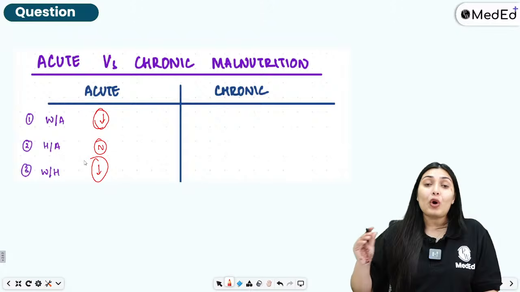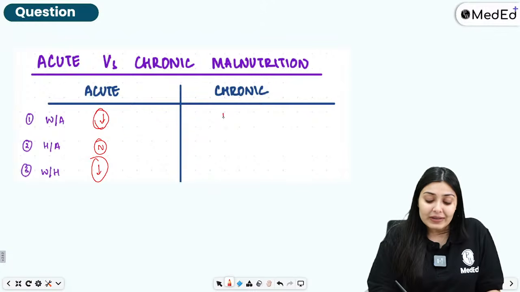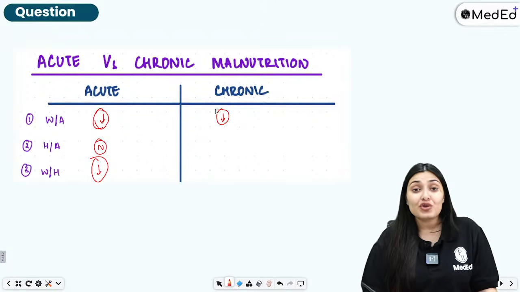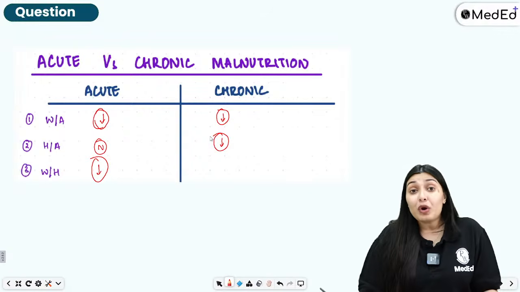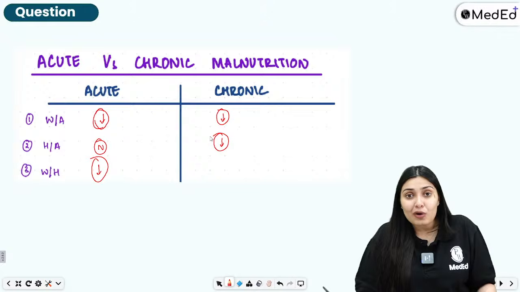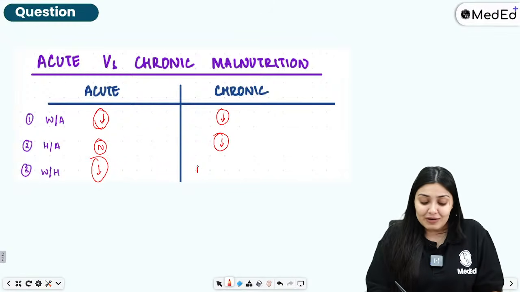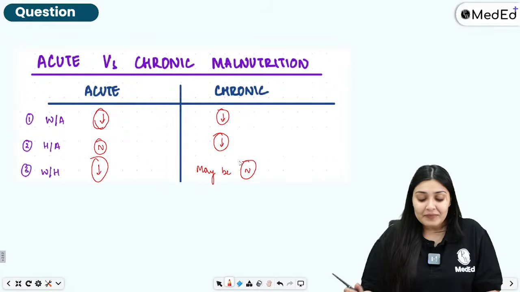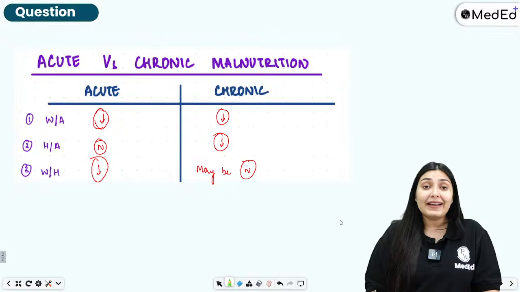What about chronic malnutrition? In chronic malnutrition, along with the decrease in weight for age, height for age would also be decreased. And what about the ratio weight for height? Weight is also affected, height is also affected. So this weight for height may be normal here. So what is the common finding?